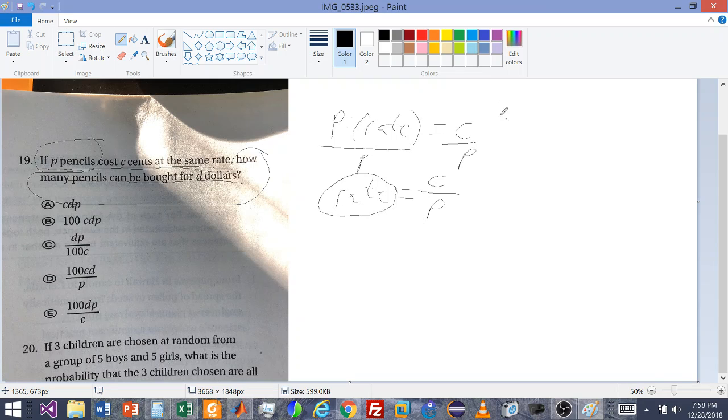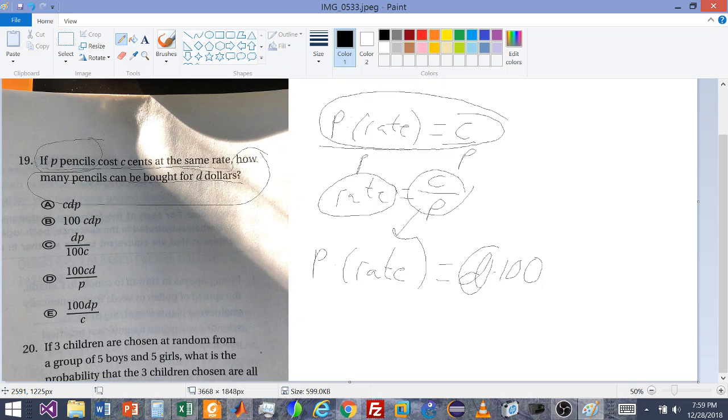So P times the rate, the number of pencils, equals, we want dollars, but if we're going to plug this rate back in here, we need D dollars in terms of cents. So it's the number of dollars times 100 because $1 equals 100 cents. Now we have the number of dollars times 100, so it's in cents.